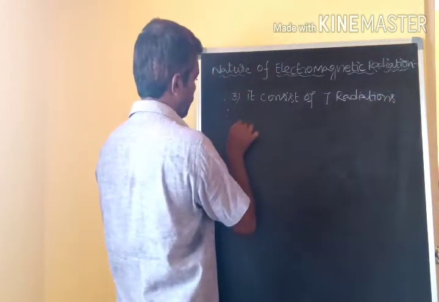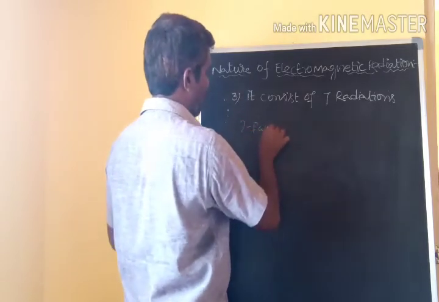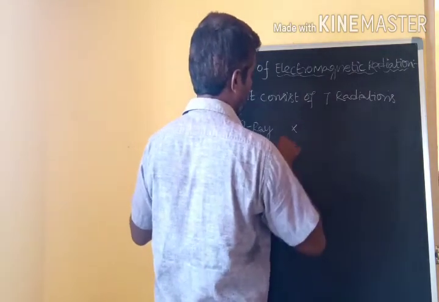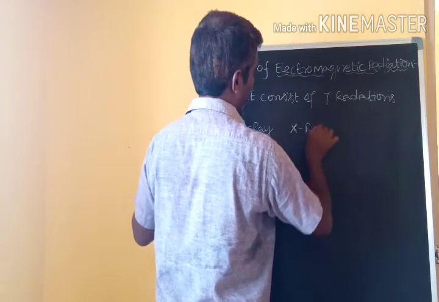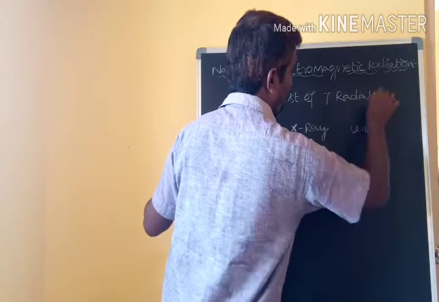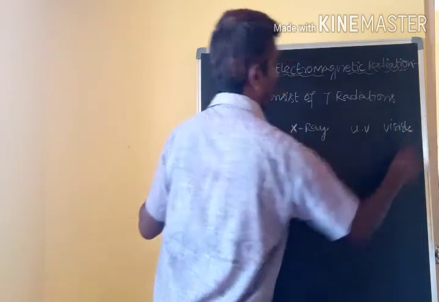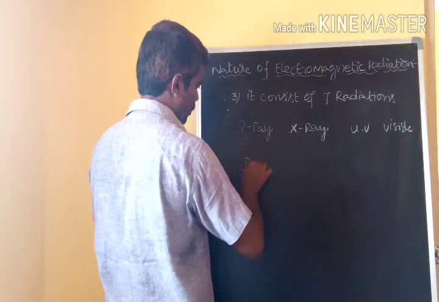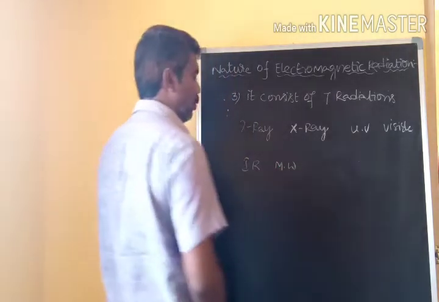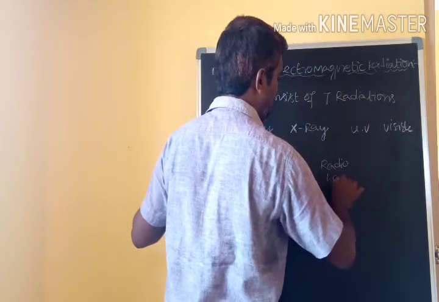One is gamma rays, and the second is X-rays, then ultraviolet, visible, IR (infrared) region, microwaves, and finally radio waves.